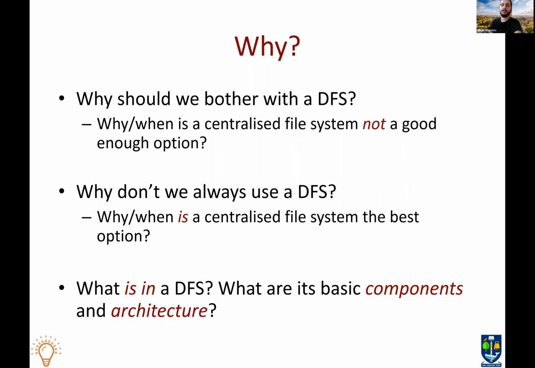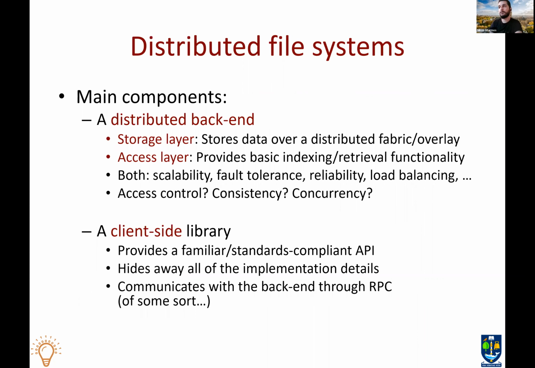So what is in a distributed file system? What are its basic components, and what does its architecture look like? So many fish in the ocean here, many distributed file systems around. Distributed file systems have been developed since networks were a thing. But let's have a look at file systems designed for a use case like the one we're discussing, right?